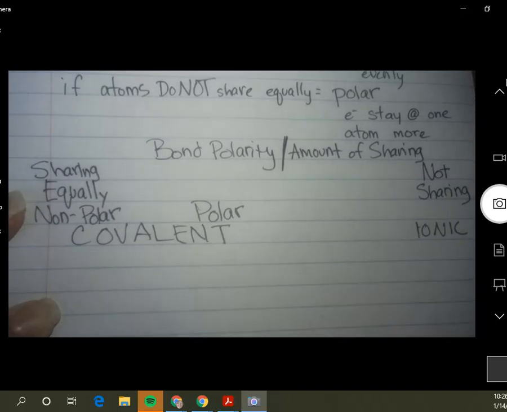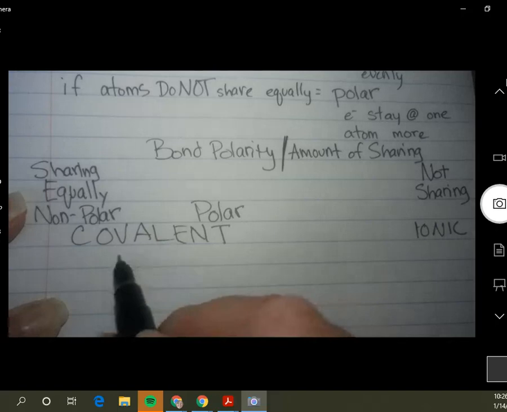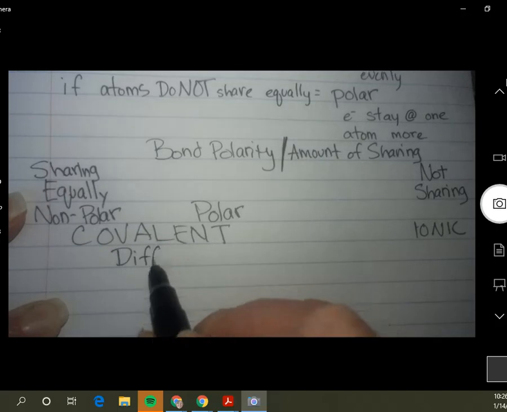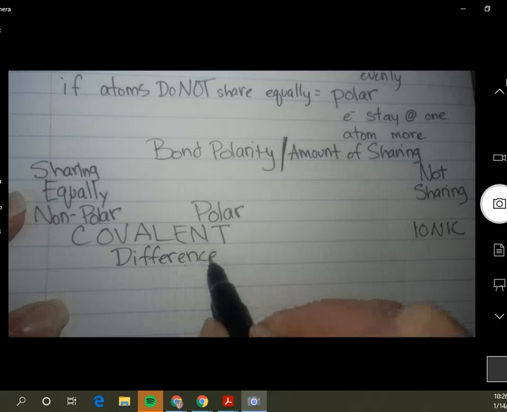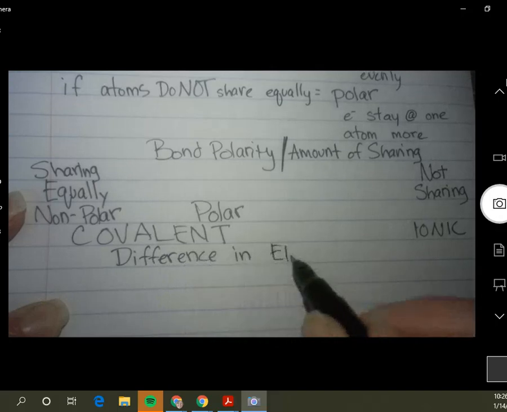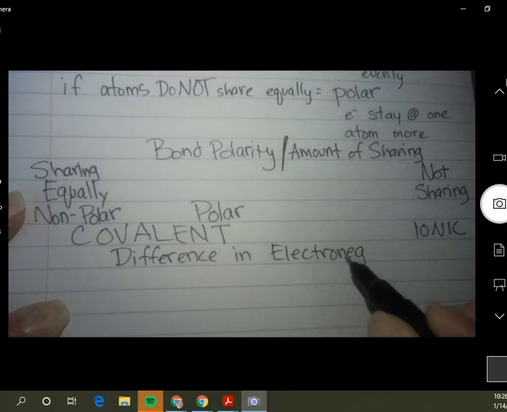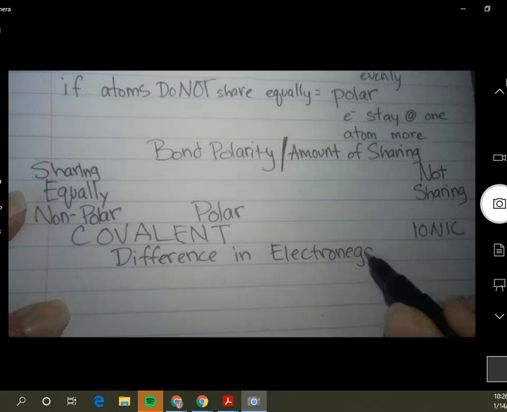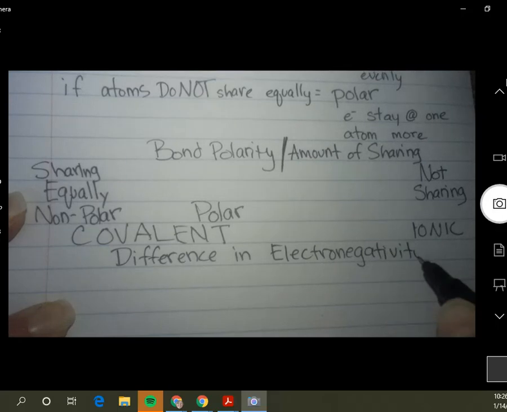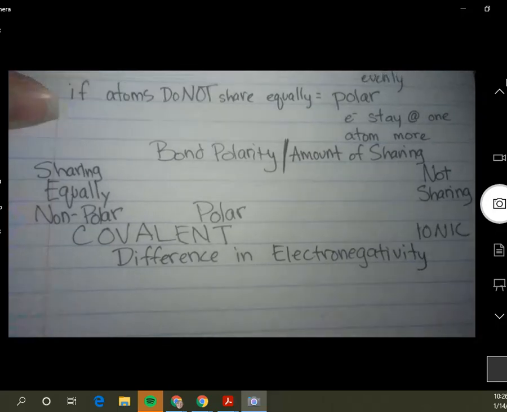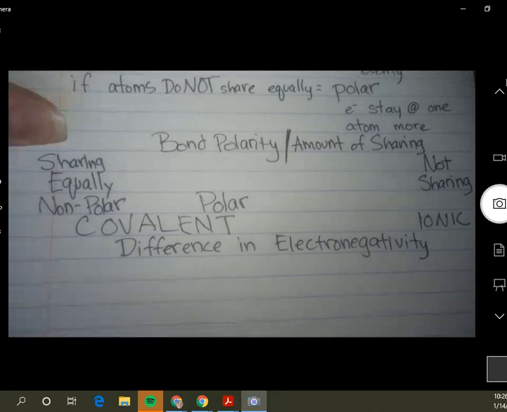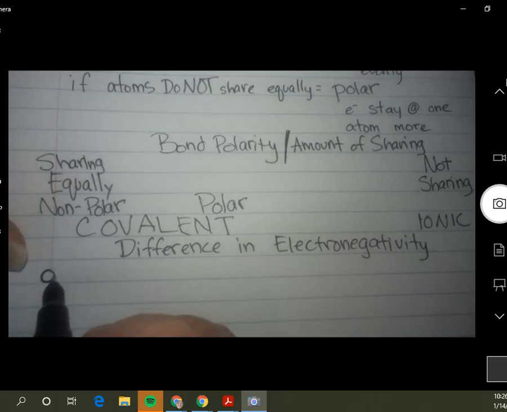So how do we figure this out? The difference in electronegativity. So that's where we're going to go back to. We're going to go back to those numbers on that periodic table and find the difference. So if we have a 0 difference, we're in the nonpolar range.